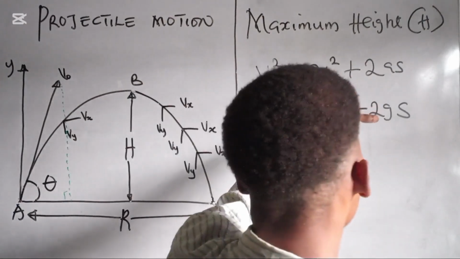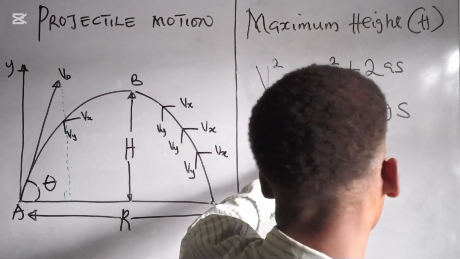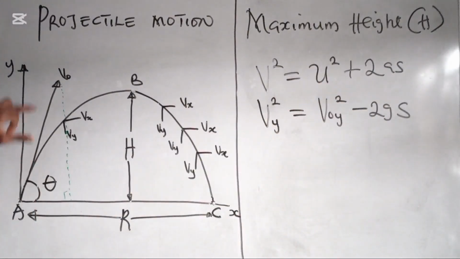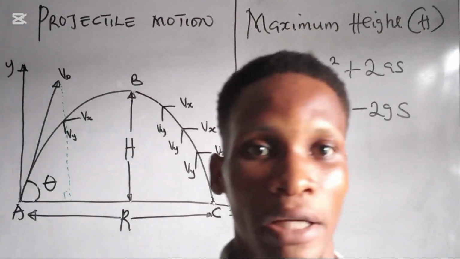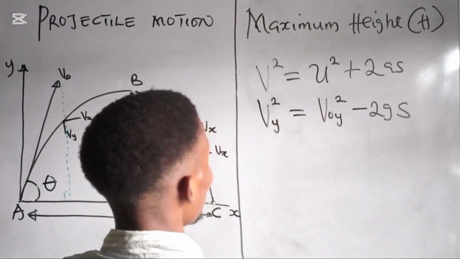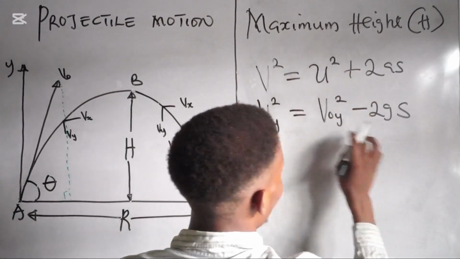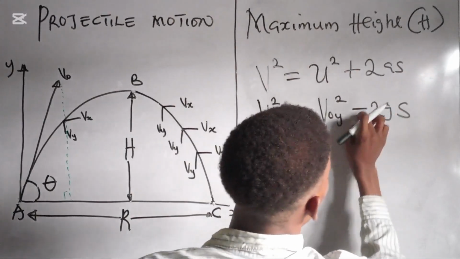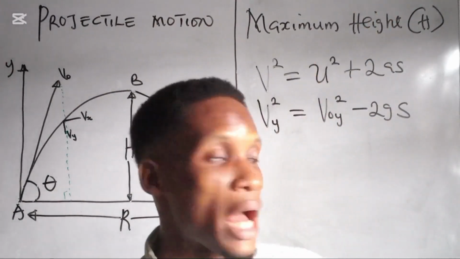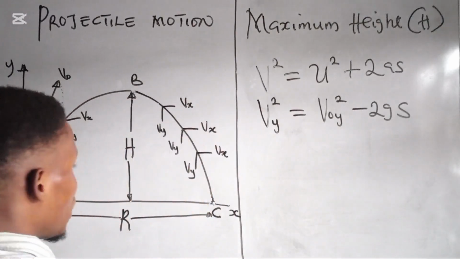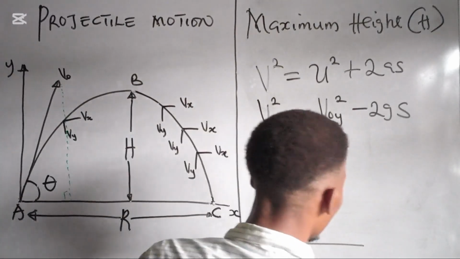So considering this U squared, we need to look at V naught, which is the initial velocity of the object that is being projected into the air. So we'll have it squared here because it's squared. Now this sign changed to minus because we are dealing with the vertical axis. I told you the other one did not change because it was on the horizontal axis.